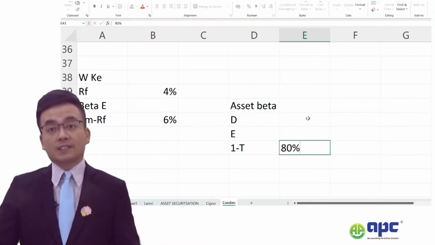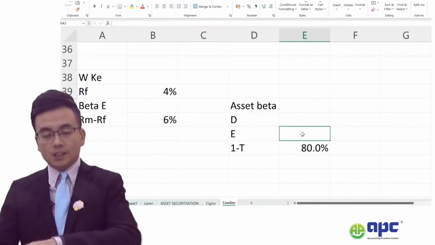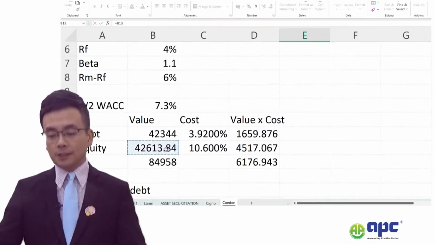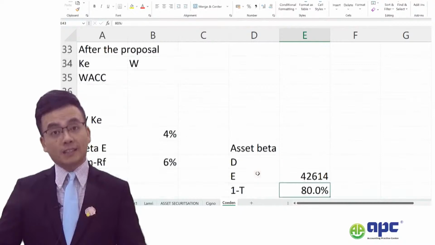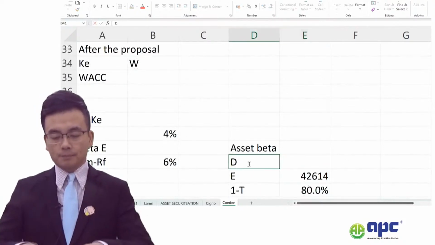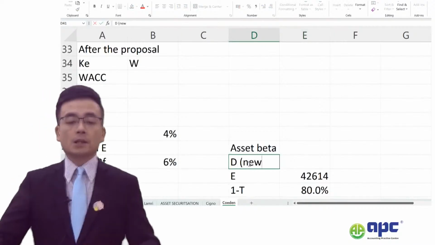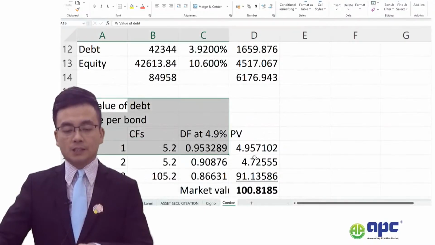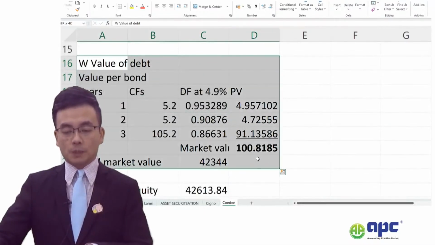Equity value stays the same, okay, from the question, and that's why it's the same as what we've seen before, 42,613. The value of debt has changed. We need to work out that new debt value. Alright, let's just copy the value of debt from the previous proposal. Just copy and paste that.